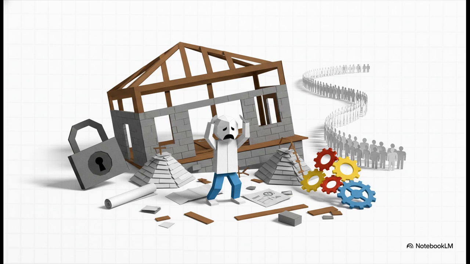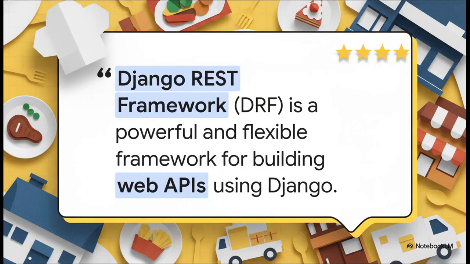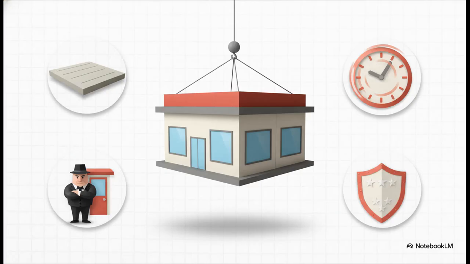But thankfully, you don't have to start from scratch. This is where something called Django REST Framework, or DRF for short, saves the day. It's a powerful and flexible toolkit for building these APIs. The best way to think about it is like a complete 5-star restaurant franchise kit. It gives you all the high-quality, pre-built parts you need to get your restaurant, your API, up and running fast. So why would you use a kit like this?